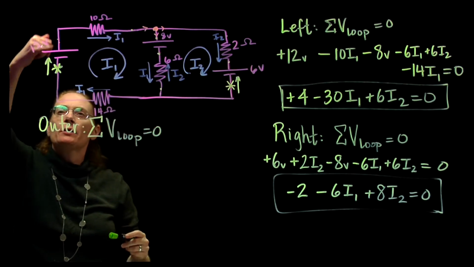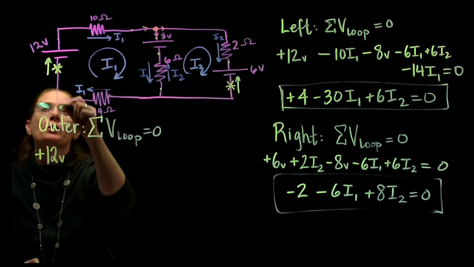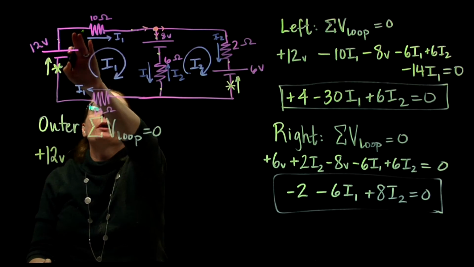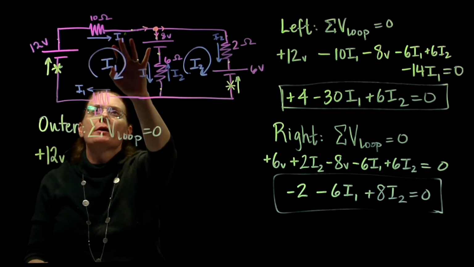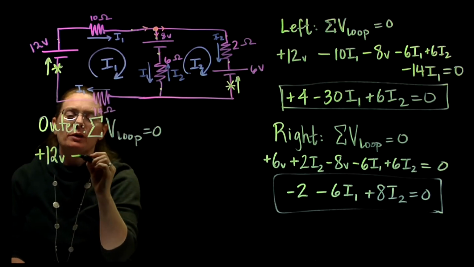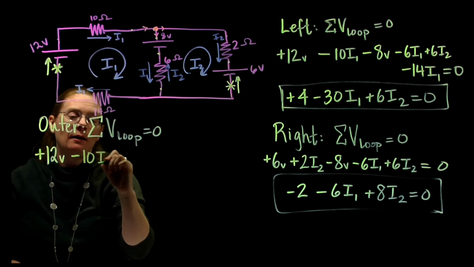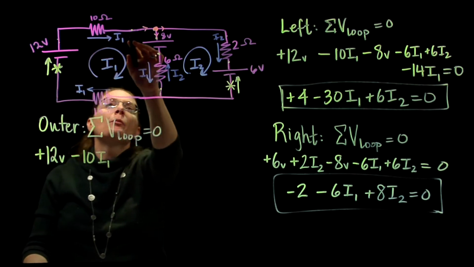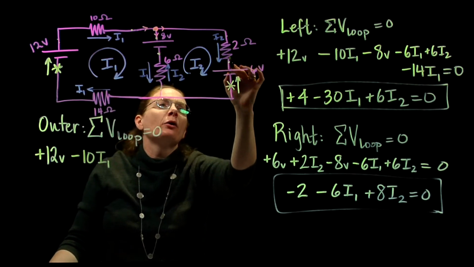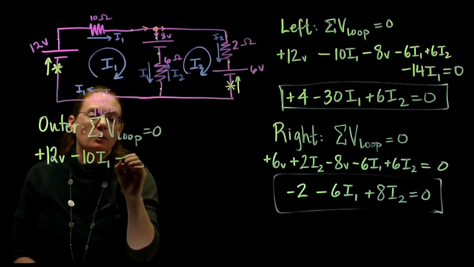All right, so from here to here, we're jumping up plus 12 volts. And then we're going across this resistor. So it's with the current, so it's a voltage drop, and the voltage is 10 times I1. That brings us here. Now we're going across this 2 ohm resistor. We're going with the current, so it's a drop.